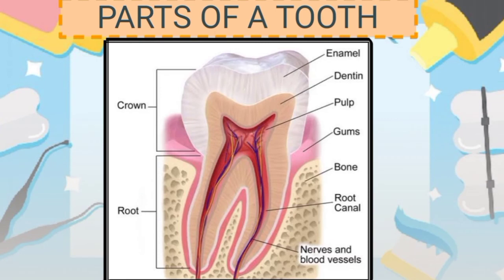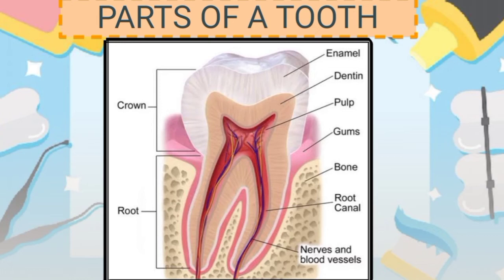As you know, teeth are hard structures which are used to chew food, and they are not made like the rest of the skeleton but have their own unique structure. Now, a tooth has a crown and a root.